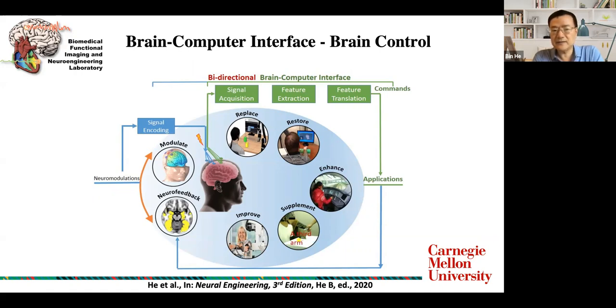By recording and decoding brain intention, brain-computer interface can be used to replace, restore, enhance, supplement, or improve motor function, not to mention many other functions. So such clinical need represents a scientific demand for us to further develop brain-computer interface or mind control technology and approaches.